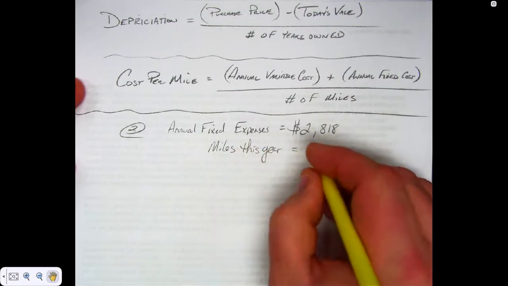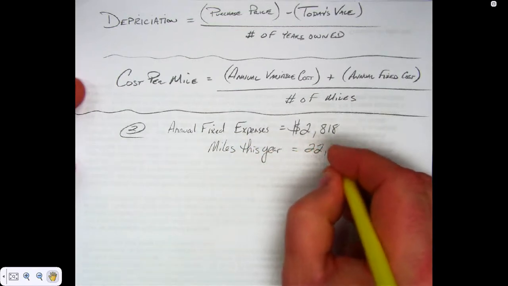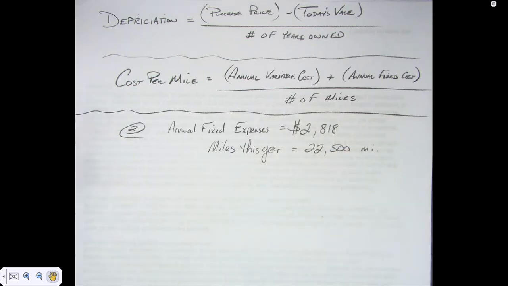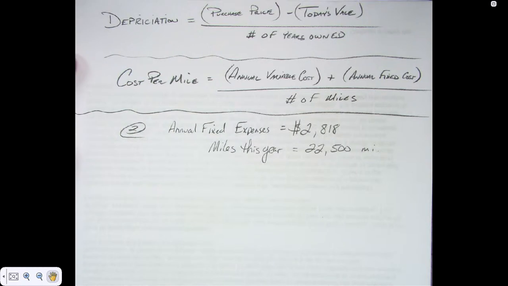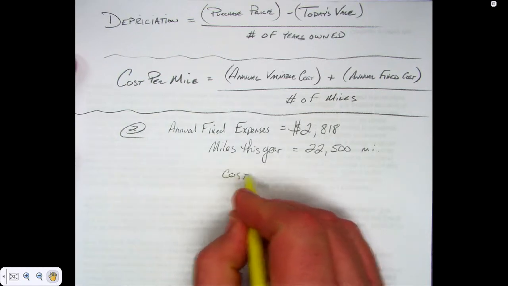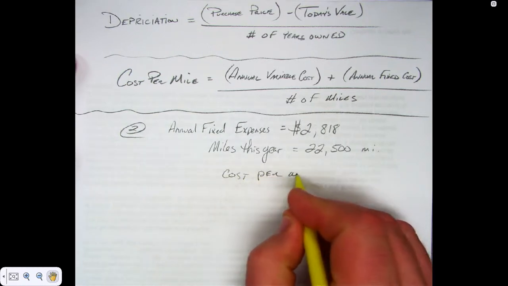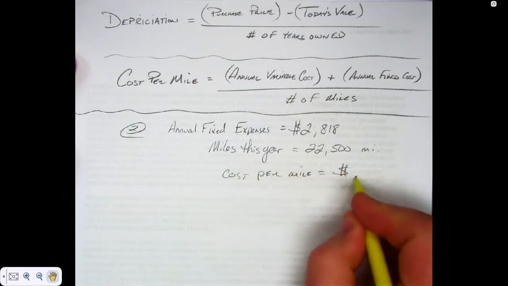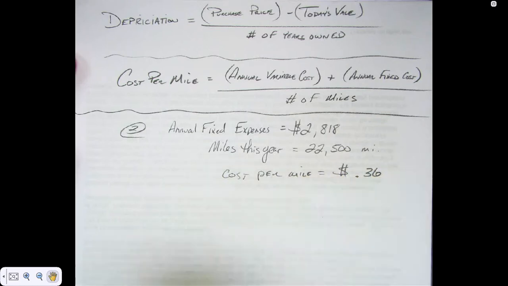He estimates that he'll drive 22,500 miles during the year. What is his annual variable cost if his cost per mile is equal to $0.36 or 36 cents?